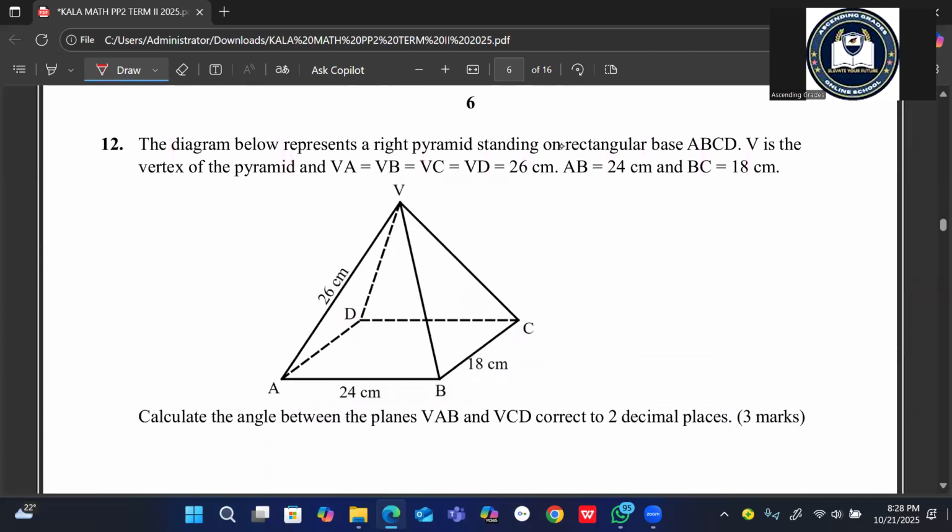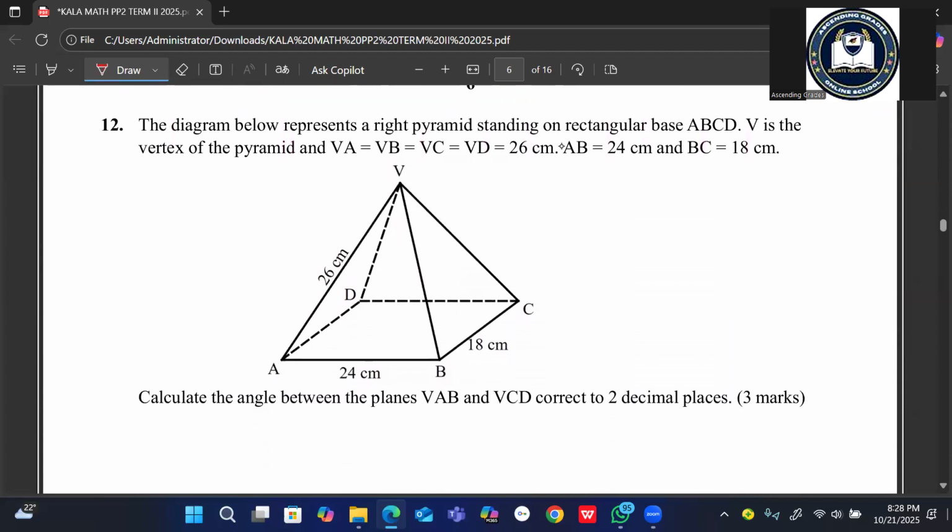The diagram below represents a right pyramid standing on a rectangular base ABCD. V is the vertex of the pyramid, and VA is equal to VB, is equal to VC, is equal to VD, is equal to 26 centimeters.